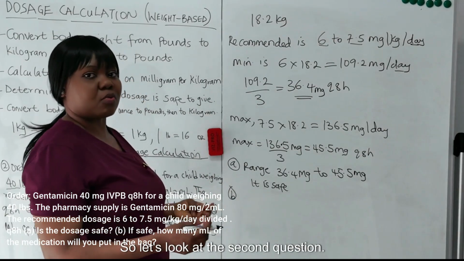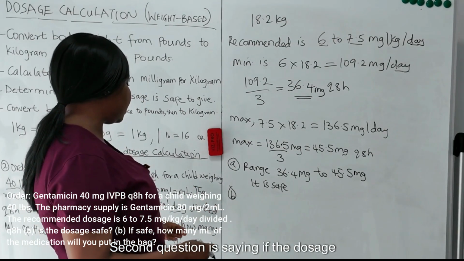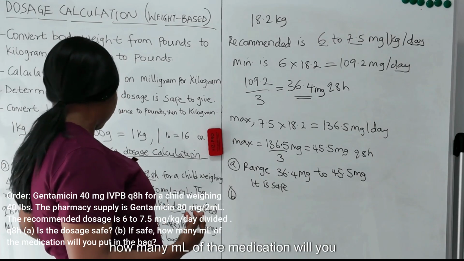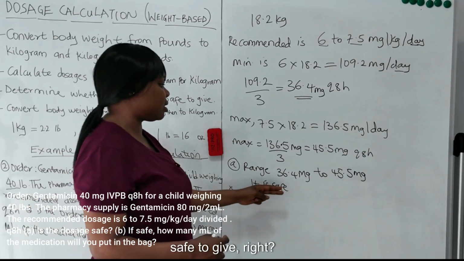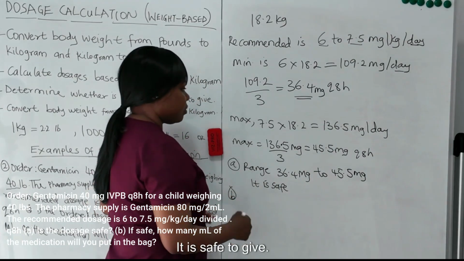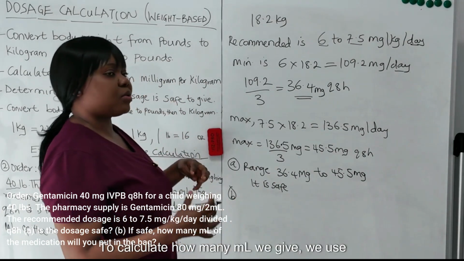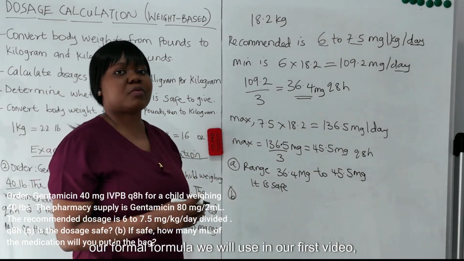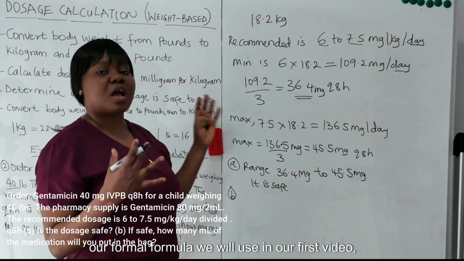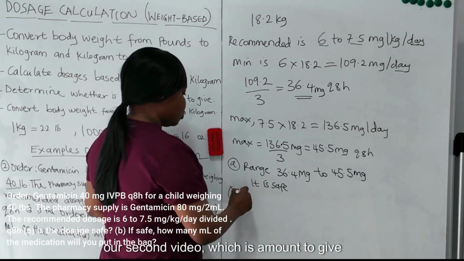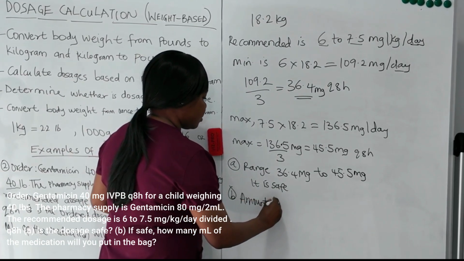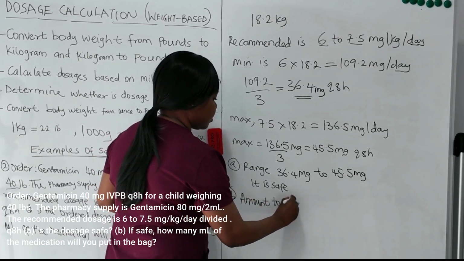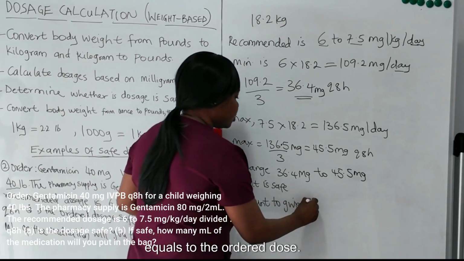So let's look at the second question. The second question is saying, if the dosage is safe, how many ml of the medication will you put in the bag? So we've determined that it is safe to give, right? It is safe to give. So to calculate how many ml we'll give, we use our former formula we've used in our first video, our second video, which is amount to give equals the order dose.